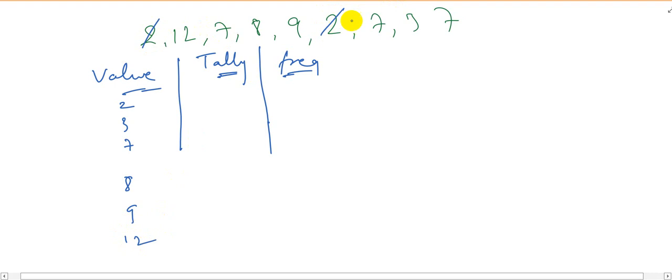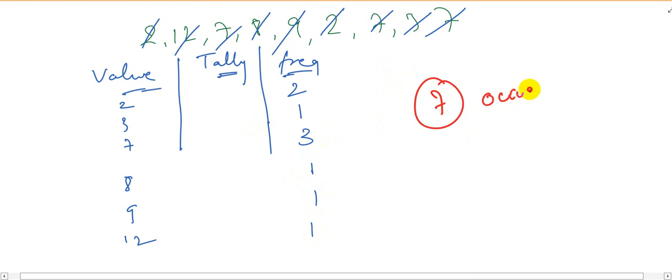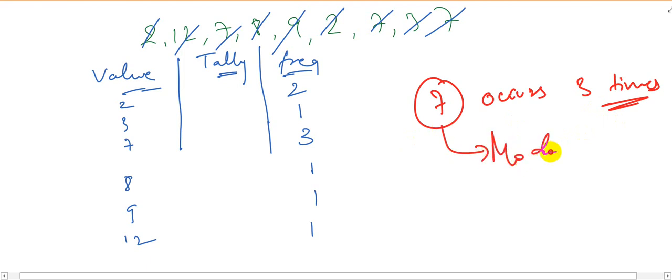So 2 occurs 2 times, I'm not making the tally marks. 3 is 1, 7 is 3, 8 is 1, 9 is 1, and 12 is 1. So what is the most occurring value here? It's nothing but our 7, right? 7 occurs 3 times, which is the largest number of times. So 7 is the mode of the data.